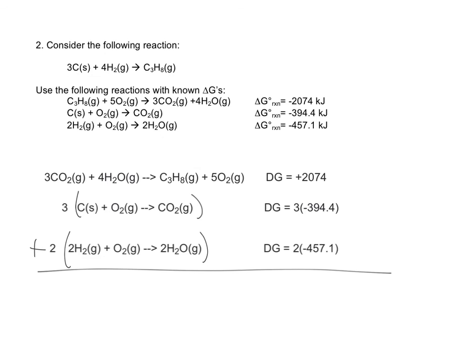So we add all of those together, and we get a delta G for our final reaction of negative 23.4 kilojoules per mole. All right, so that's how you do these. It's just like a Hess's law problem that we did in the last chapter.